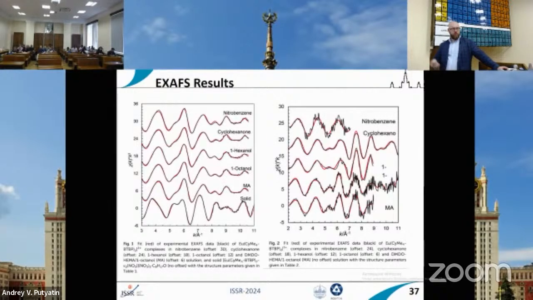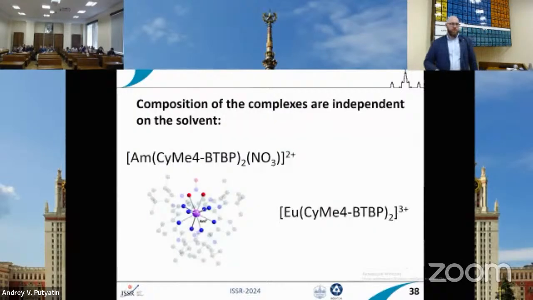So many EXAFS analyses were done for the systems, and you can see that there is almost no difference in the spectra for different diluents. Yeah, they're very similar, I would say the same, and it was really seen that the composition of the complexes, their structure, is independent of the solvent.